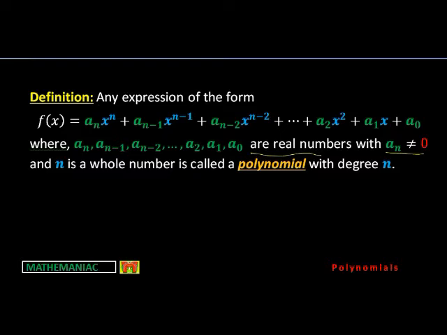This is very definite, because if it becomes 0, then the highest power term will not exist. And n is a whole number, and this n is known as the degree. Degree means the highest power of the variable involved in the polynomial.